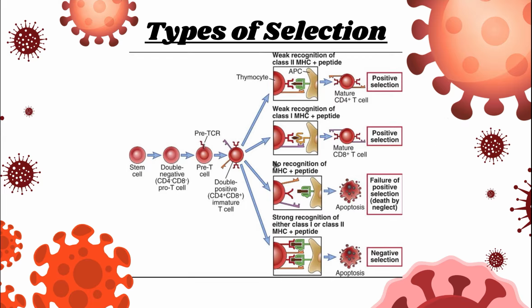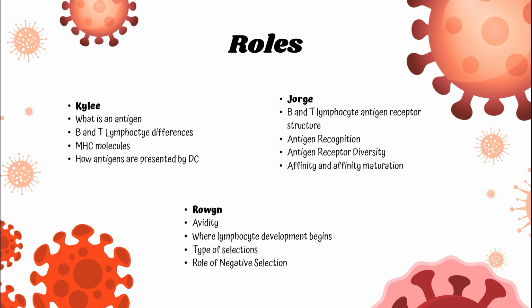But if there is no recognition of the MHC peptide, then these are negatively selected for apoptosis, as well as if there is a strong recognition of the MHC class 1 or class 2 peptide. These will also be negatively selected for apoptosis, as we don't want extremely self-reactive T cells because that will result in no self-tolerance.